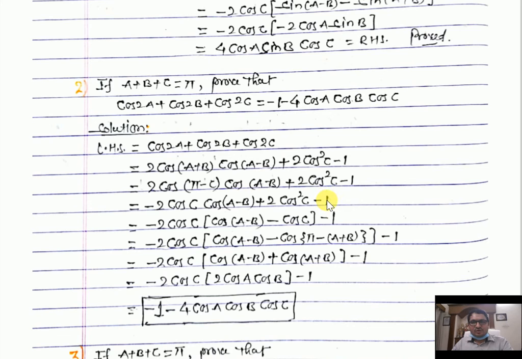One is the separate term, right? Pure constant term. So now from this, minus 2 cos c you can take common. This is the first and this is the second. I am combining these two terms. In these two terms, minus cos c is common. So you will get cos a minus b minus cos c. So now instead of c, again pi minus a plus b.